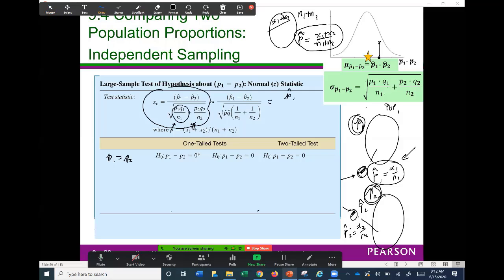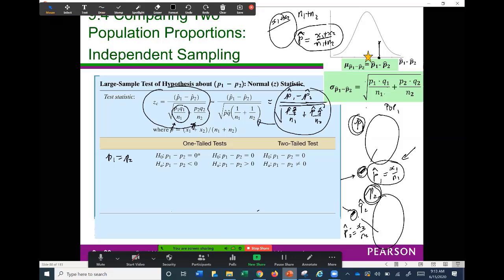P hat 1 minus P hat 2, then the variance for the individual values will be P hat Q hat divided by n1 for the first population, and P hat Q hat divided by n2. But we transform this into this formula. It's much better.